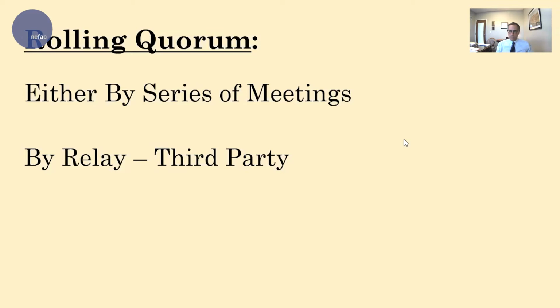It can be done in another way as well. If you have a relay by someone who's not even on the public body itself. You could have someone who is on the staff of that public body listen to information from one board member, convey it to another, get that person's input and consent, convey it to another, get that person's input and consent, convey it to a fourth, and again, get that person's consent.